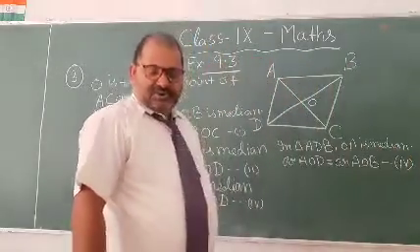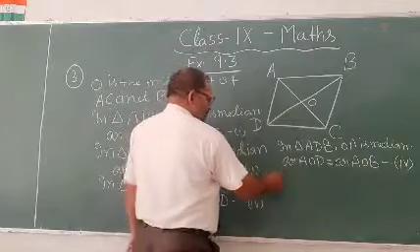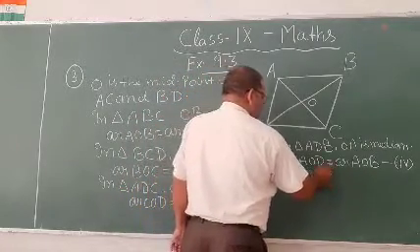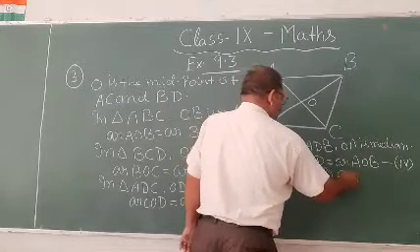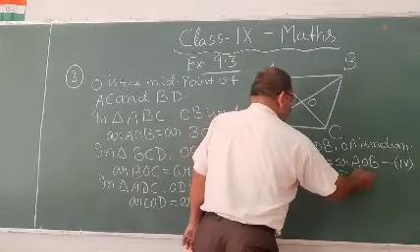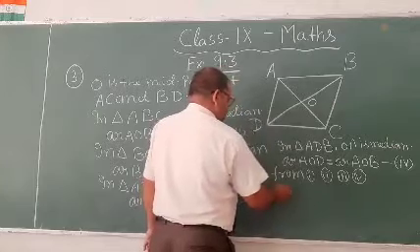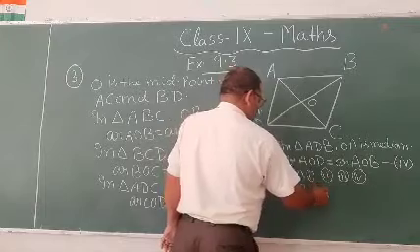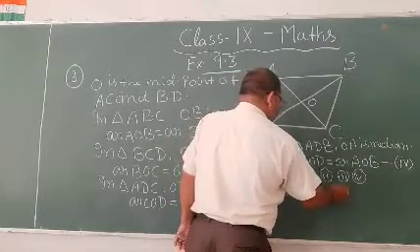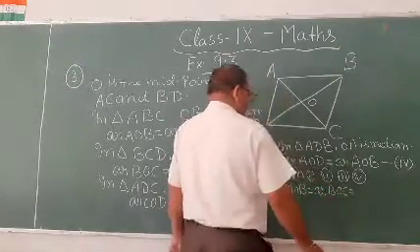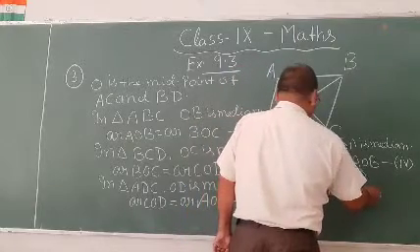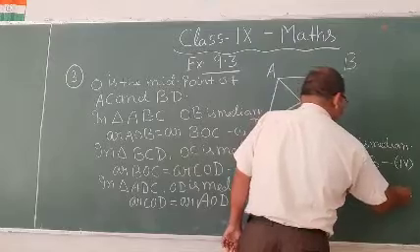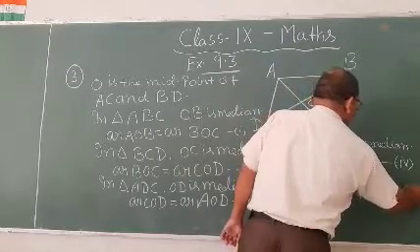From 1, 2, 3 and 4, the area of AOB equals the area of BOC equals the area of COD equals the area of AOD.